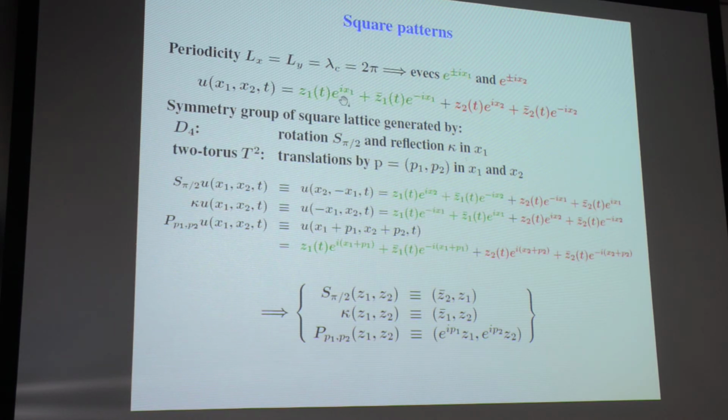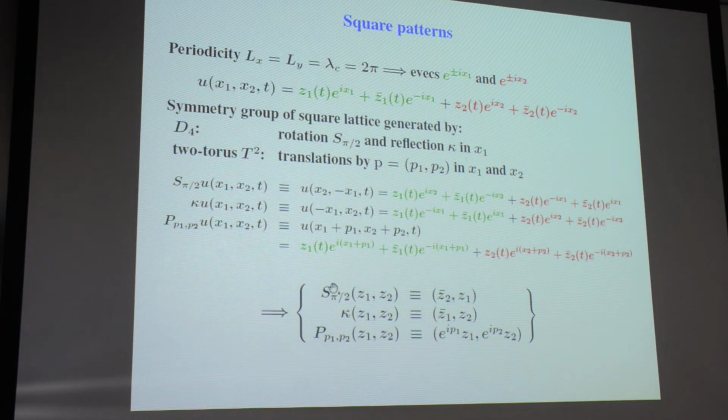Well, the thing that multiplies e to the ix1 is now, excuse me, it's now z2 bar. So that motivates the idea that if we operate on the z's instead of the u's, the first place in the z's is what multiplies e to the ix1, and what multiplies e to the ix1 is z2 bar.